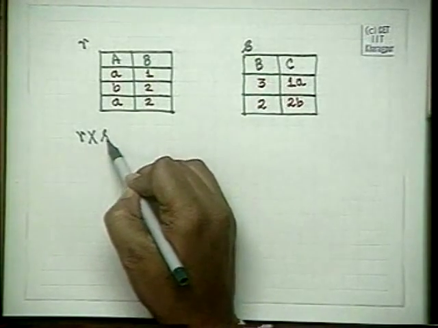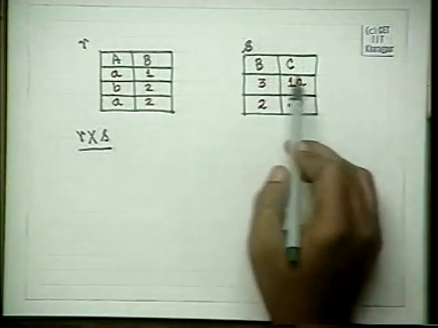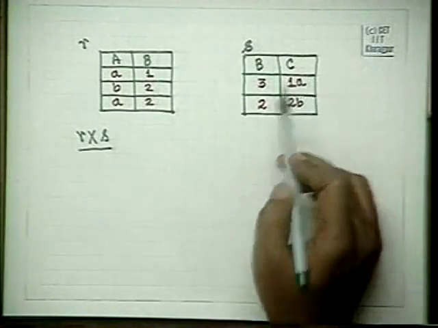Firstly, R cross S will have 4 attributes, not 3 attributes.